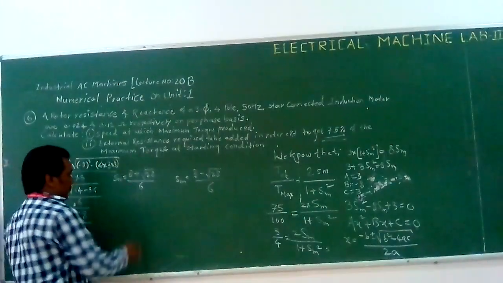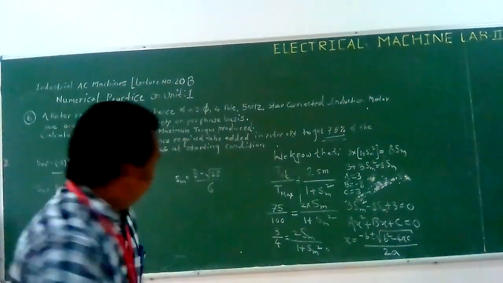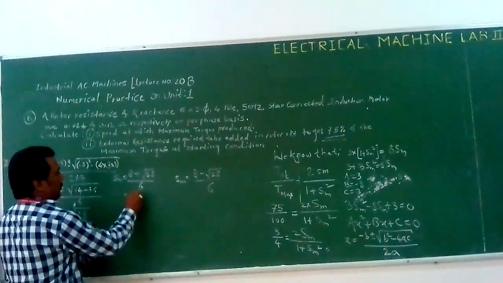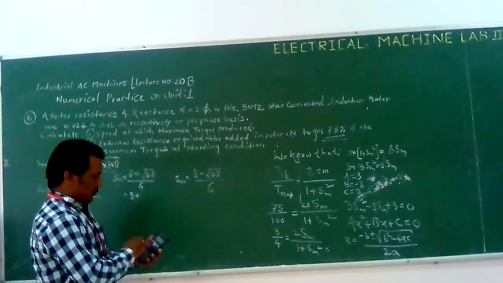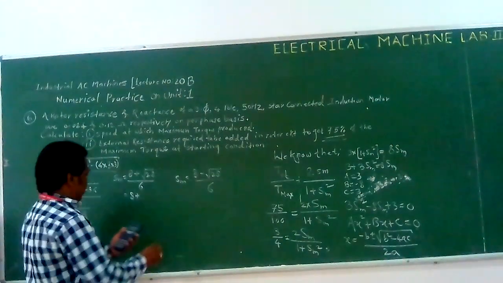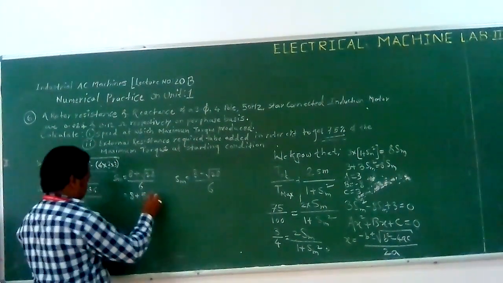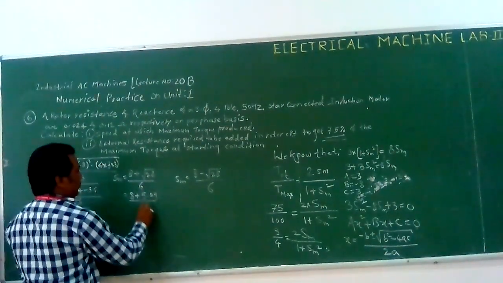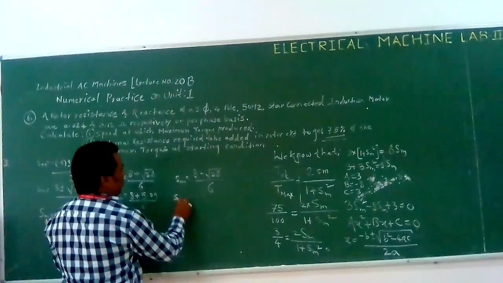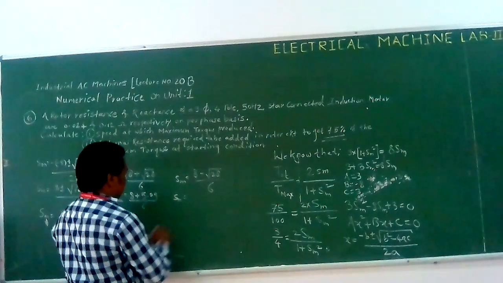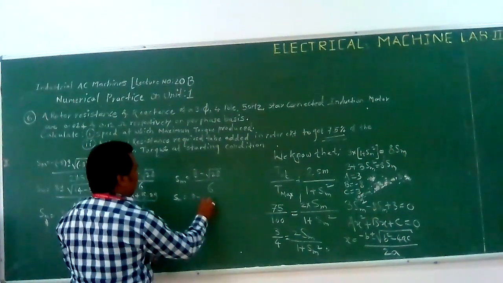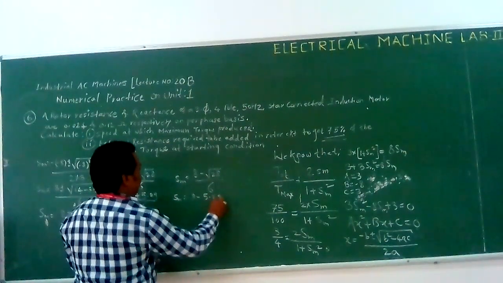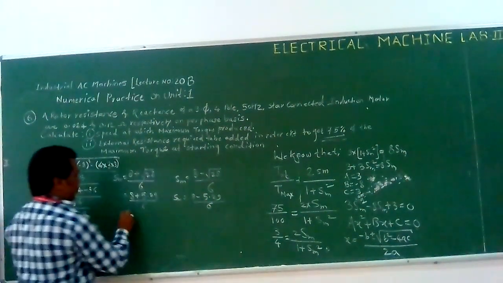By simplifying this using a scientific calculator, 8 plus root 28 is equal to 5.29 divided by 6, and Sm is equal to 8 minus root 28, which is 5.29, divided by 6.